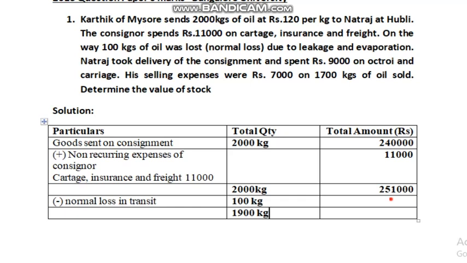And 2,51,000 minus 0, 2,51,000 only. So this is the cost of goods received by consignee.